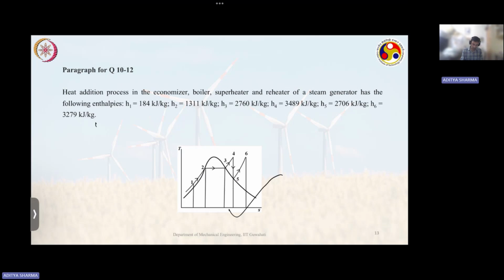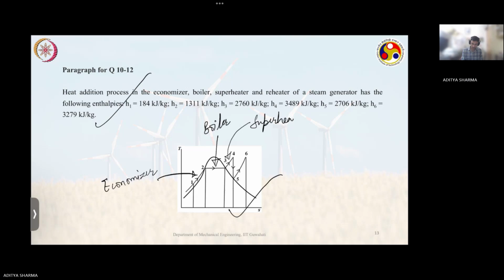So 1 to 2 is your economizer, 2 to 3 is your boiler, 3 to 4 is your superheater, then 5 to 6 is your reheater.